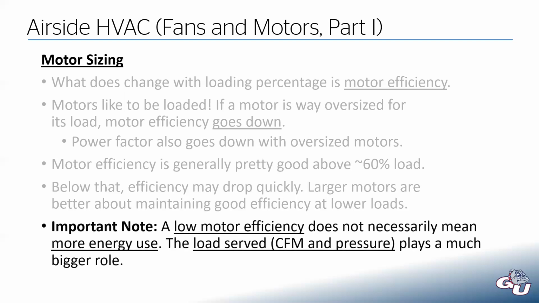And an important note here: just because you have a low motor efficiency does not necessarily mean more energy use, which might sound weird. But again, it's all about the load being served by that motor.